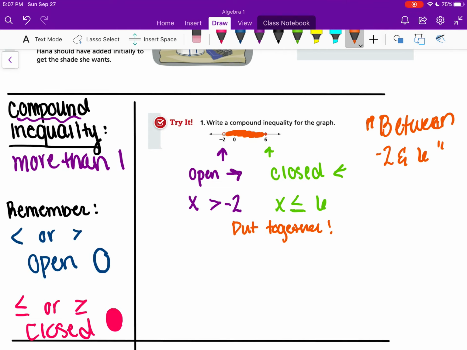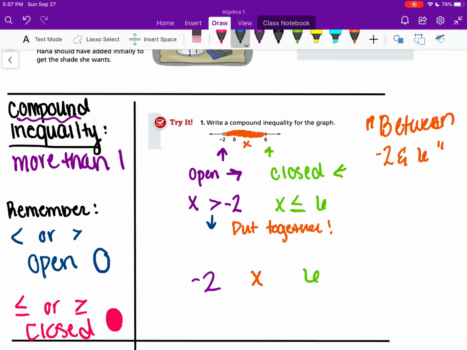Since I want to know that x is between these two, I have to write it where the x is in the middle. So the x is between -2 and 6, and we're just going to bring down our signs, but we've had to flip this around.